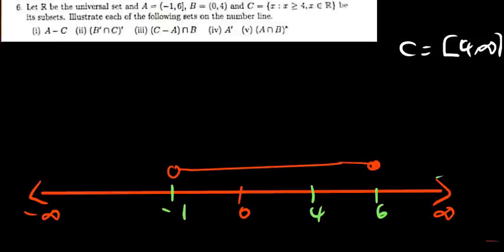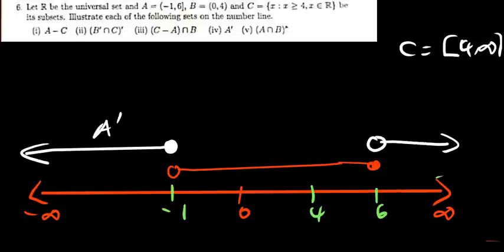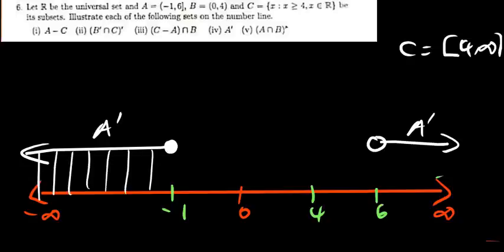That is A. Meaning that the complement, this should be included all the way to -infinity. That is A complement. Again, from here, since this is included, the complement is not going to be included. So you remove this. So this is my A complement.